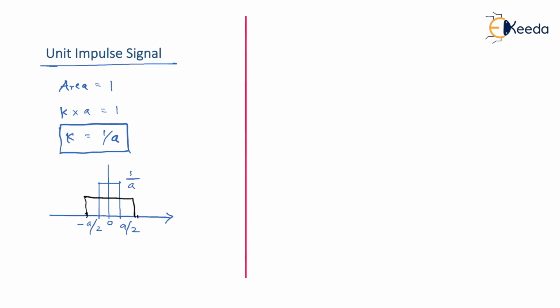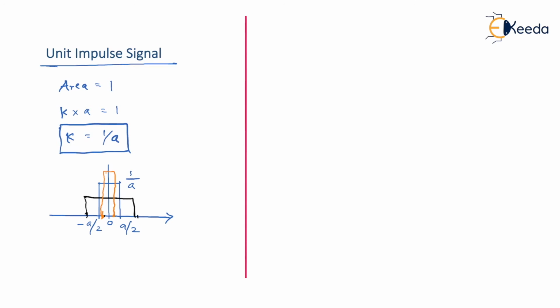Or if you reduce this width, then it must give you a higher height, so as to keep area equal to 1. So this is the requirement. If you reduce the width, then height will increase, and if you increase the width, then height will be reduced, so as to keep area equal to 1.